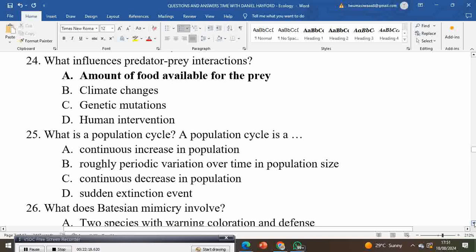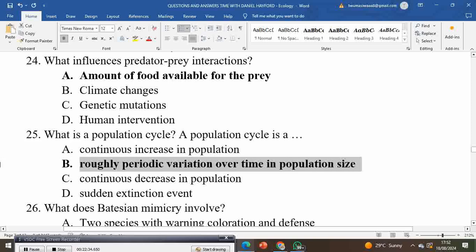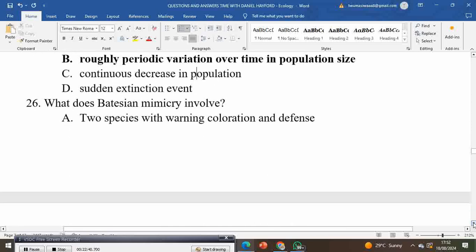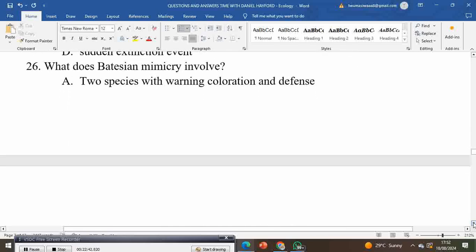So what is your best option for it? All right, so roughly periodic variation over time in population size. So B should be your best option. Now let's go to question 26.